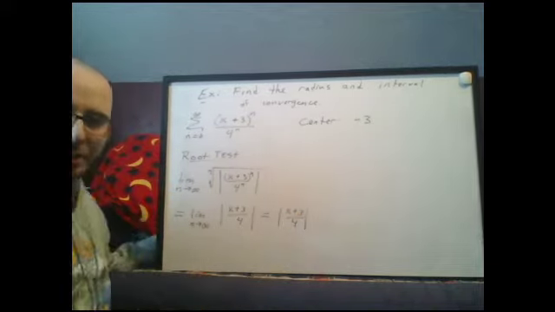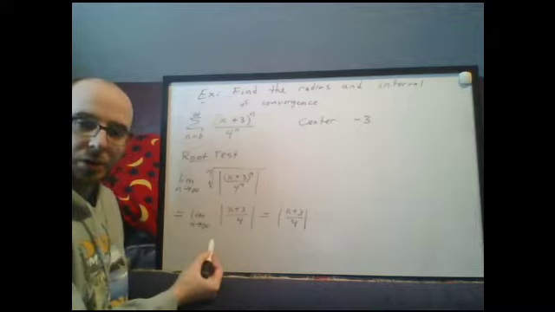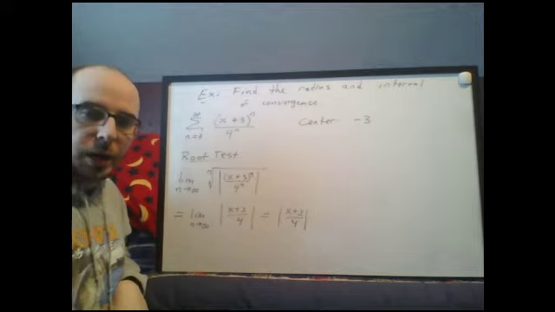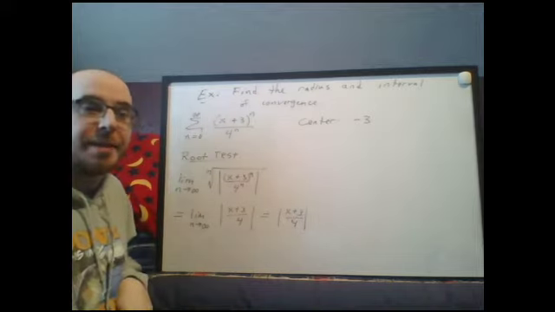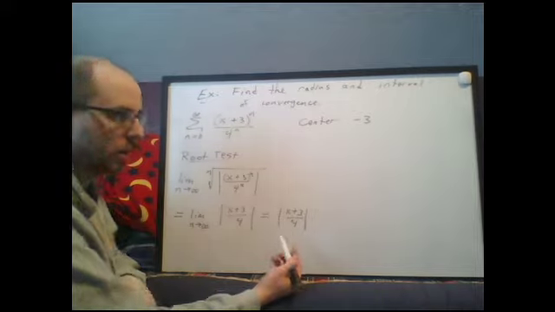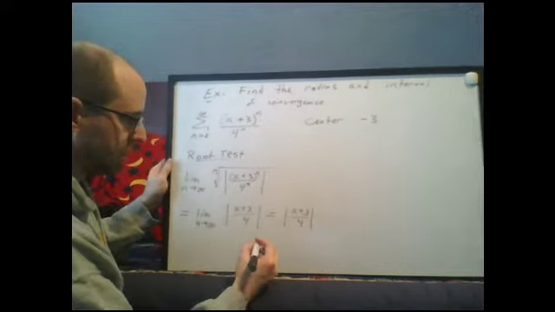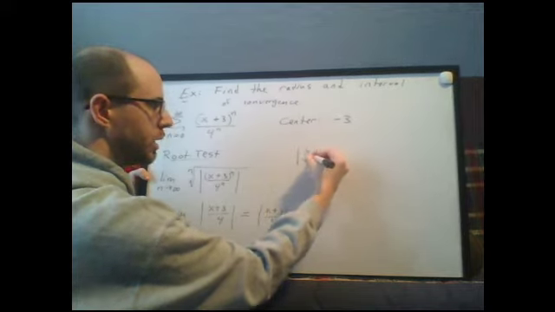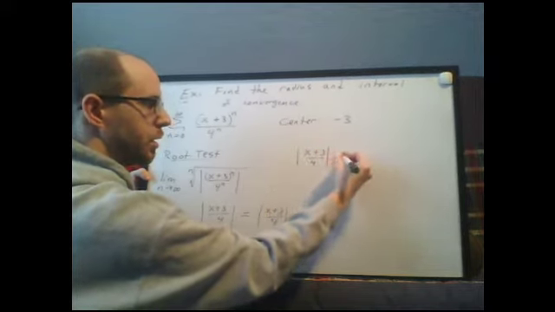Because there's no n's left. This is just a constant as far as n's concerned. Okay, so then to have convergence, to have a successful root test, I need this to be less than 1. So I need absolute value of (x plus 3) divided by 4 to be less than 1.